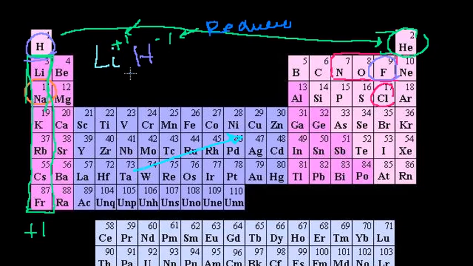What is the total sum of the oxidation states for a neutral molecule? In this case, you add up the charges and you get 0. And that's a big takeaway.